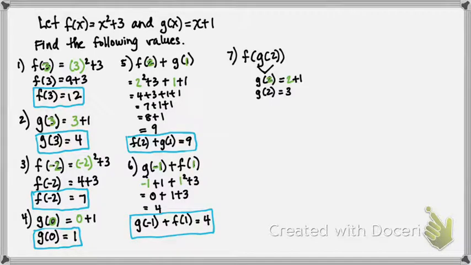So when I solve that, I get the value of the function g at 2 is equal to 3. So now what this problem looks like is the value of f at that output value, 3. So then I substitute 3 in for the x in function f. So this is going to be equal to 3, because now it becomes an input value, right? x squared plus 3.